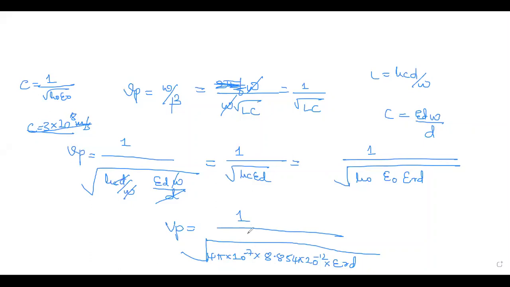Yes, ma'am. Okay, do one thing. Just multiply this and check: 4 pi into 10 to the power minus 7 into 8.854 into 10 to the power minus 12. Take the square root of that.